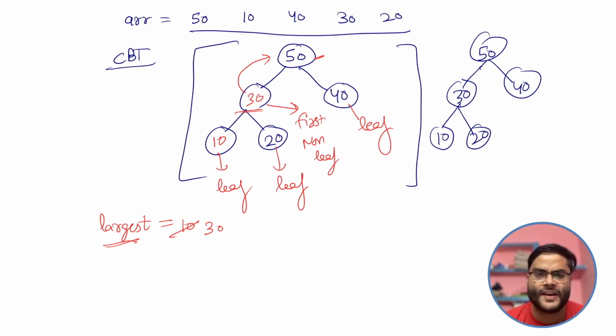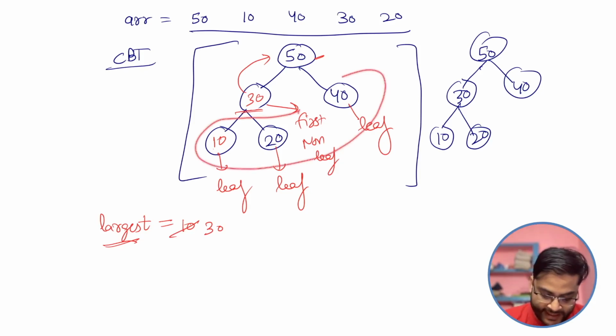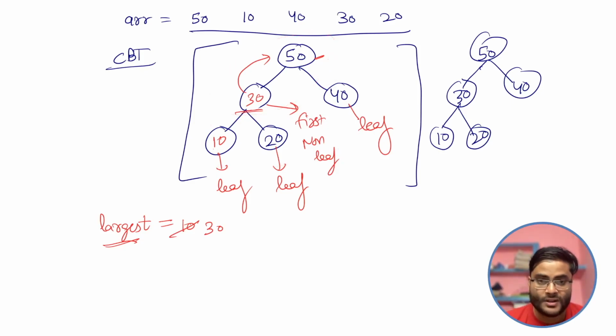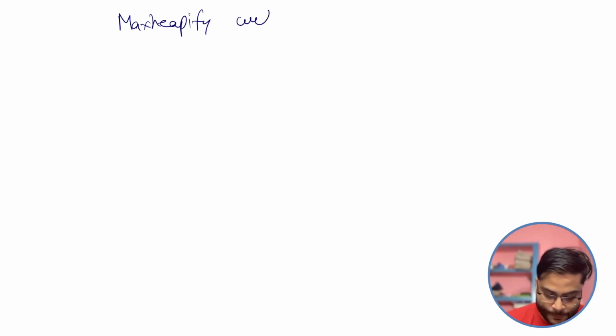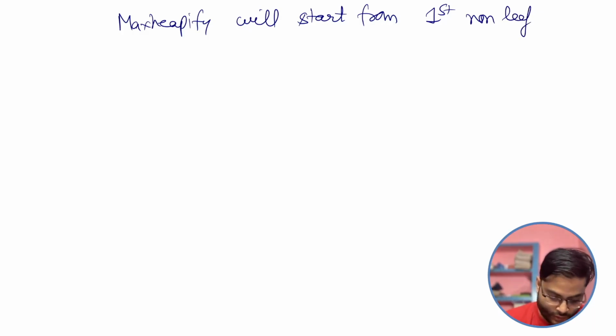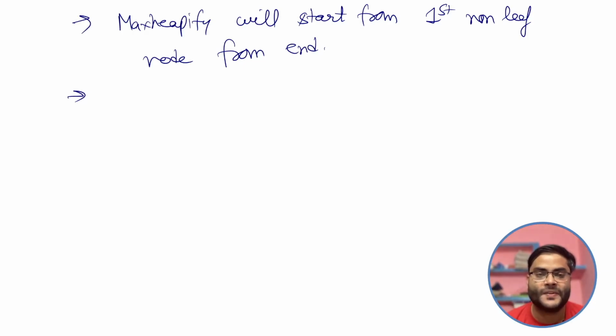So using the Max Heapify method, we didn't travel the whole array. We only need to traverse n by 2 elements, because in any complete binary tree, there are n by 2 elements at the leaf. So our Max Heapify method starts from the first non-leaf node from the end.